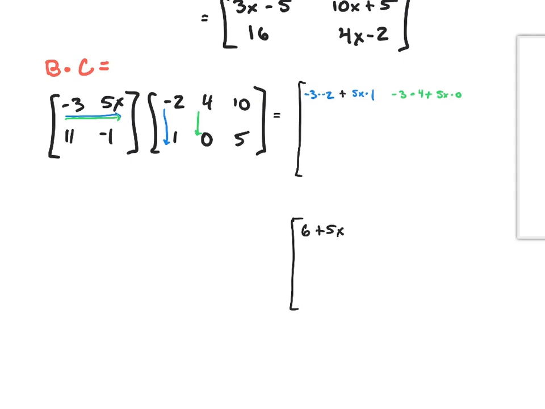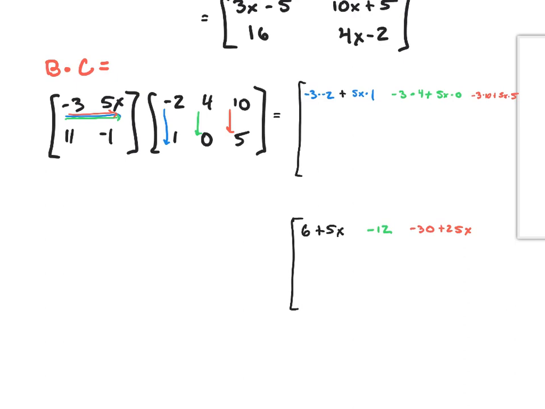That's not so bad, because negative 3 times 4 is just going to be negative 12. And now for my last one, I have to go across this row again and then down that last column. So now I have negative 3 times 10, and I'm going to add to it 5x times 5. And so that is going to be negative 30 plus 25x.